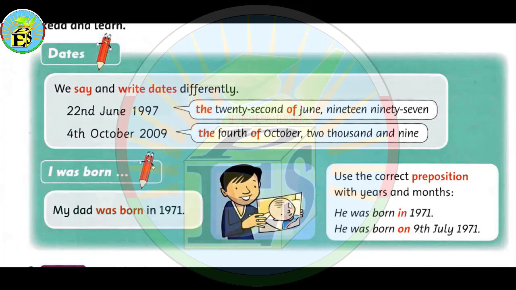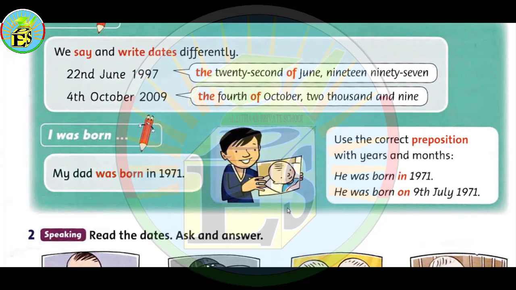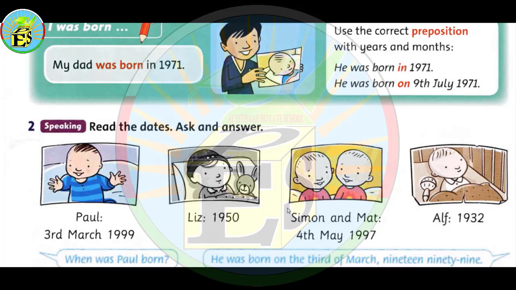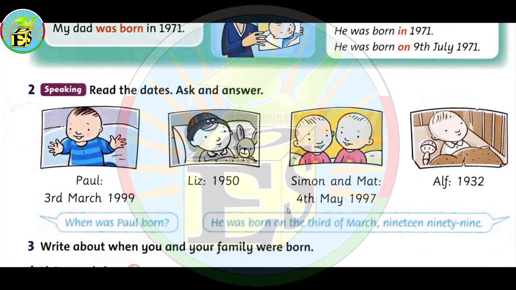Right now we will move to task number 2, and it's a speaking activity. What we need to do here is to read the dates that we have and then form questions and answers. So here we have 4 different pictures of people when they were kids, I guess.